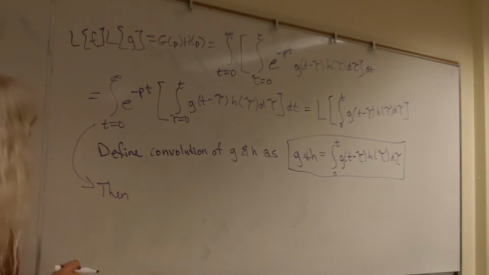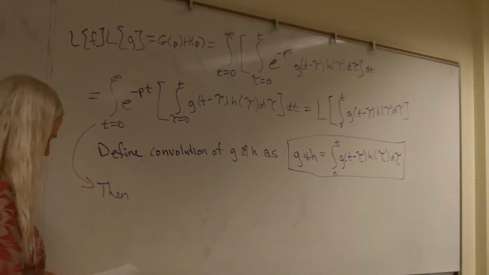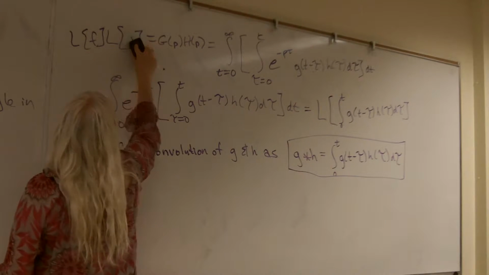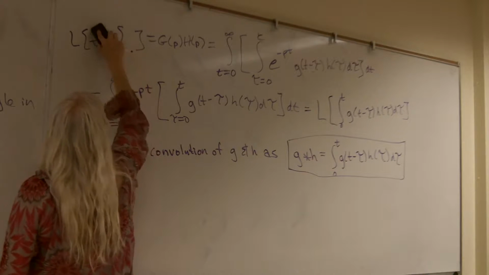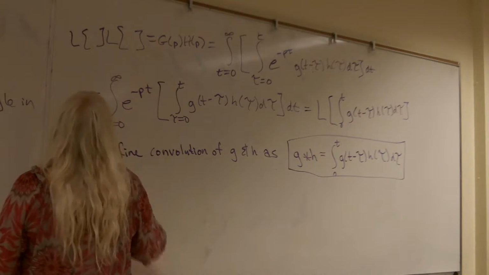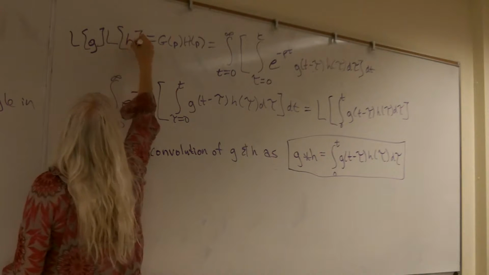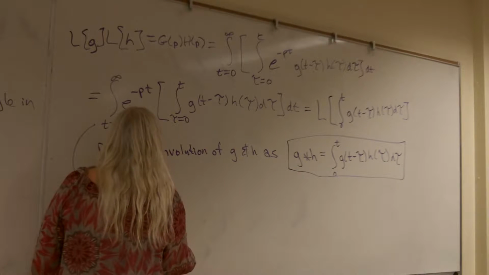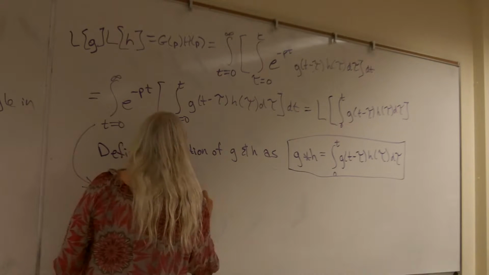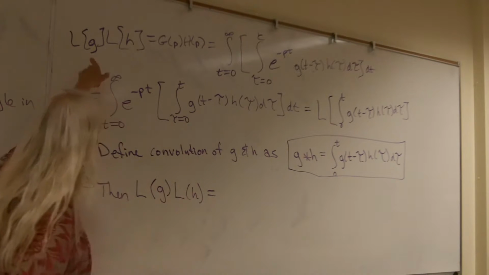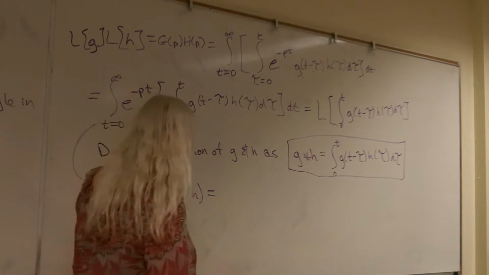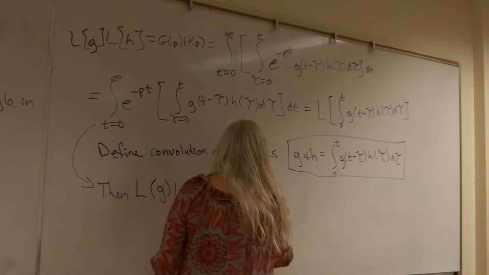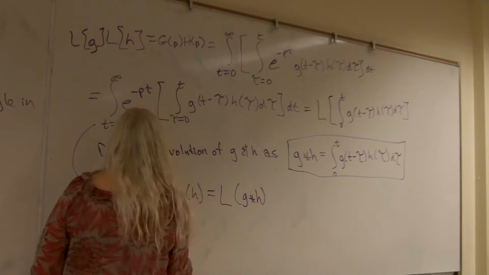So with that definition, we can write our result up here. I'm sorry, I wrote f and g right here, but I was calling my two functions g and h, wasn't I? So then what we have is that the Laplace transform of g times the Laplace transform of h, that's the left-hand side up here, is equal to the Laplace transform of the convolution of g and h.